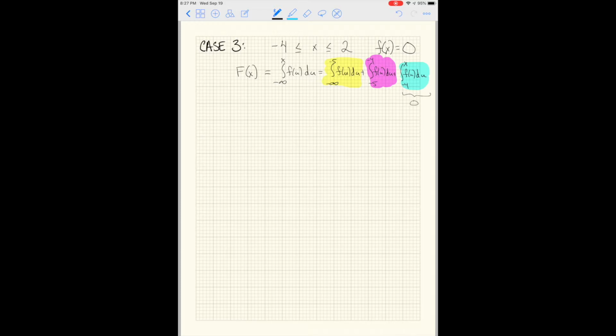We could write this out mathematically and say, well, the yellow portion there is just the integral of 0 du, and the little magenta portion here is from negative 5 to negative 4 of 1.5u plus 7.5. Oh, I'm sorry, when I said x, I meant u.